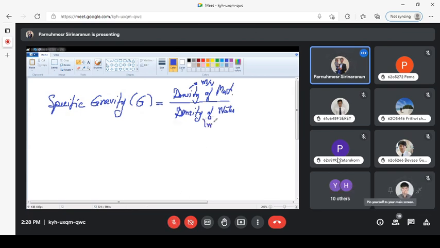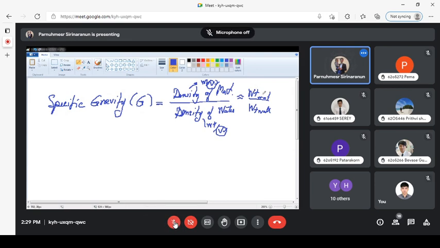So what does this normalization mean? It means that when you compare in the same volume, it is like comparing the weight of the material to the weight of water too. Clear? Why? Because you normalize the density in the same volume. When you divide these together, it is like the weight of material compared to the weight of water in the same volume.